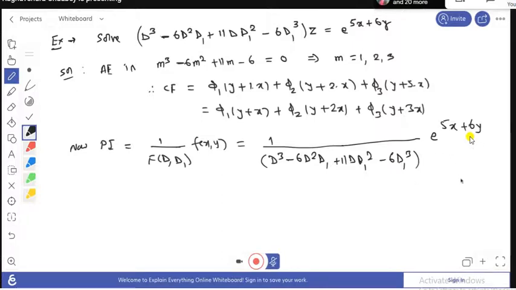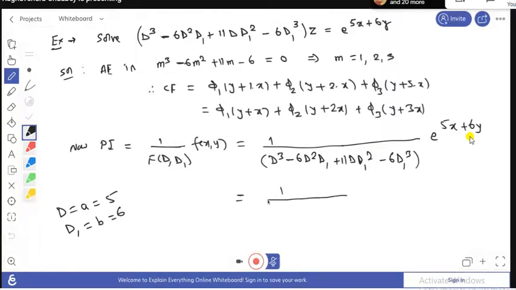what is the value of this function? Here you can solve this function by putting in the values: D equals a, that equals 5, and D1 equals b, that equals 6.